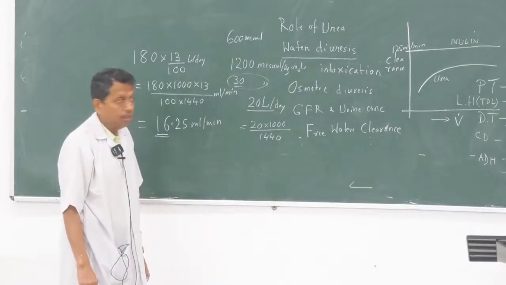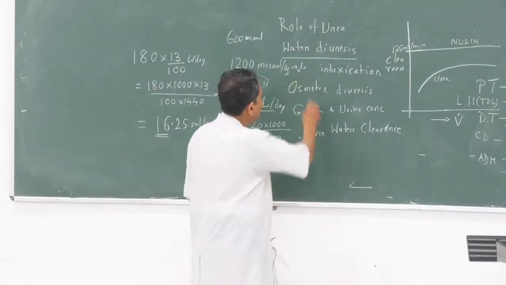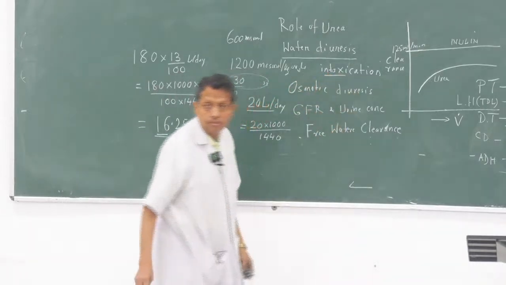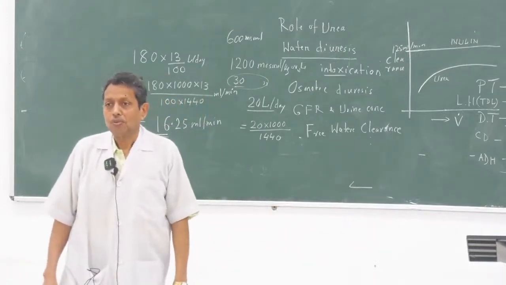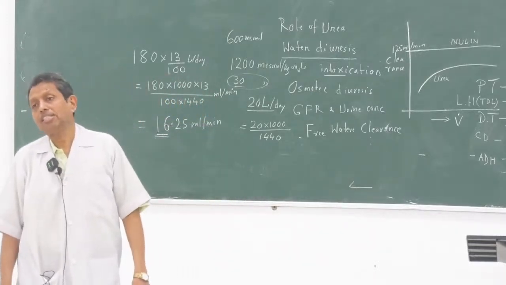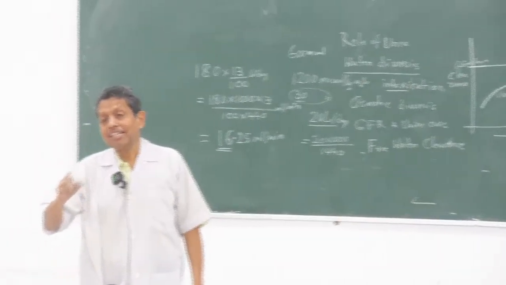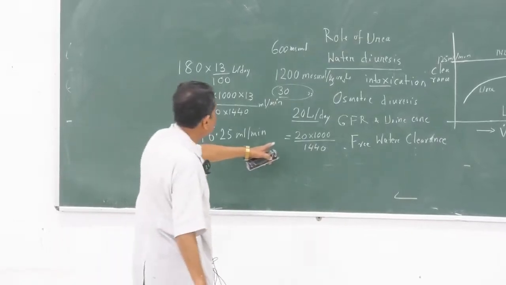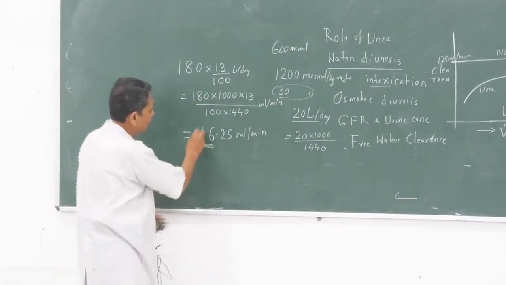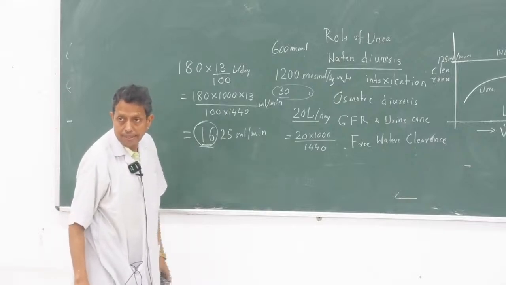Yeah. Now, the last part, the third part, is water intoxication. Water is essential for our existence. But if an individual is taking water voluntarily to exceed this value, what will occur?